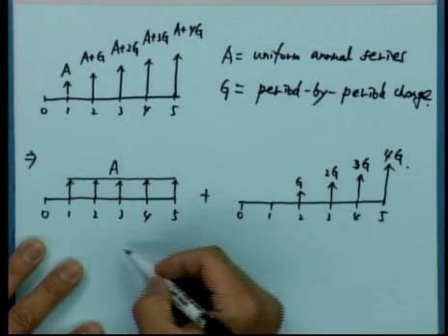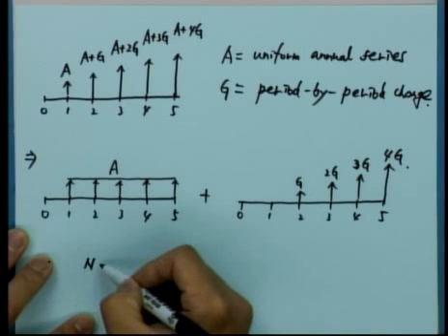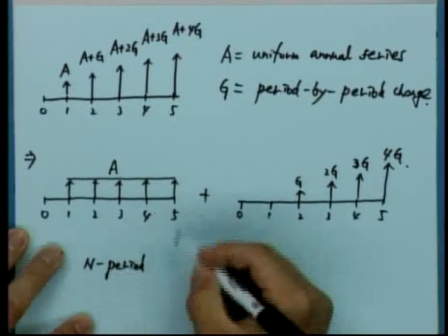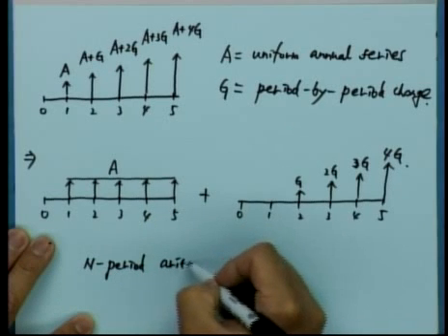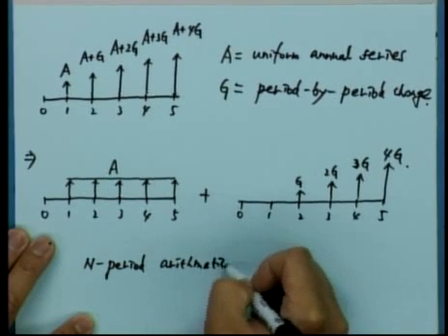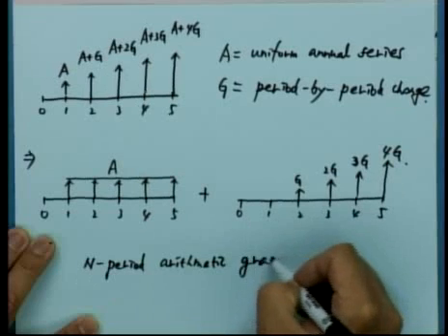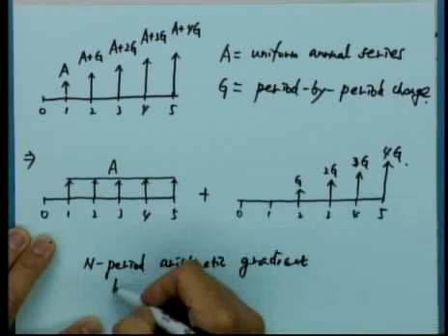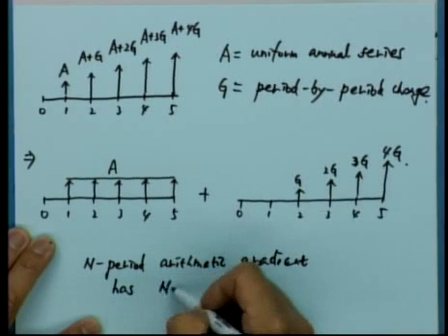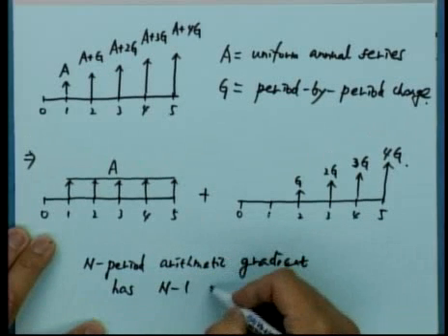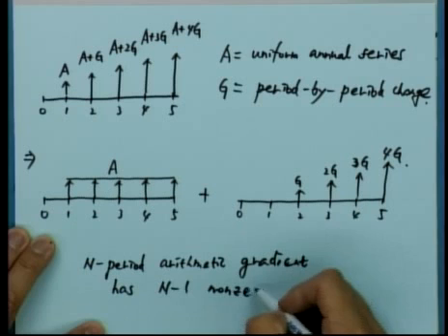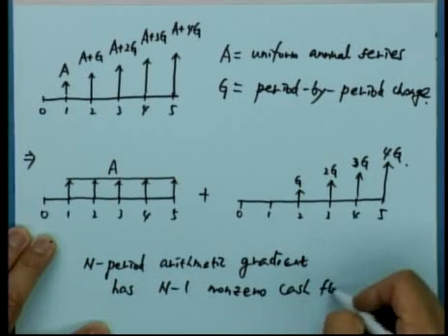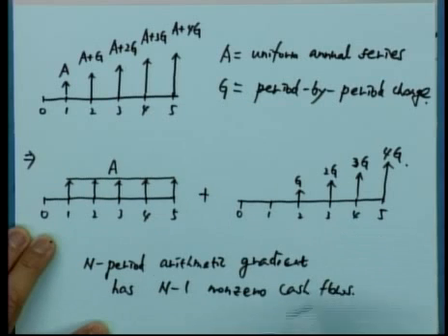Which means that n period arithmetic gradient has n minus 1 non-zero cash flows, right?